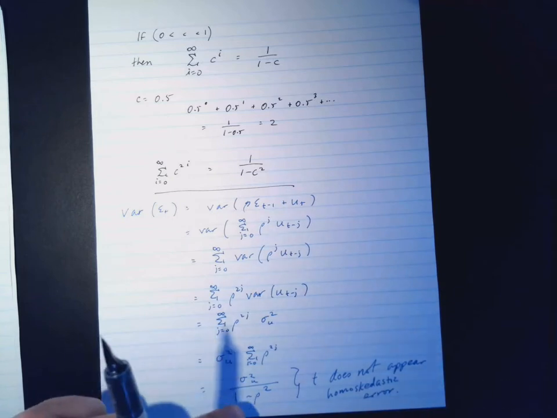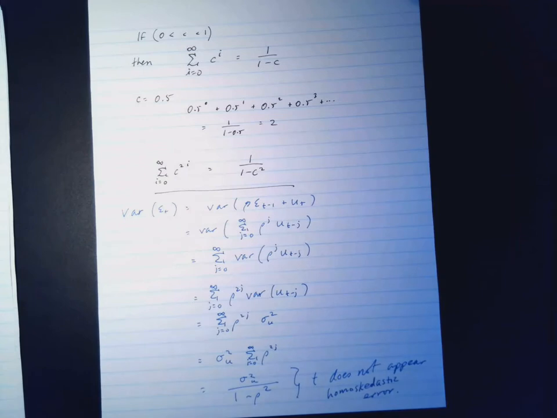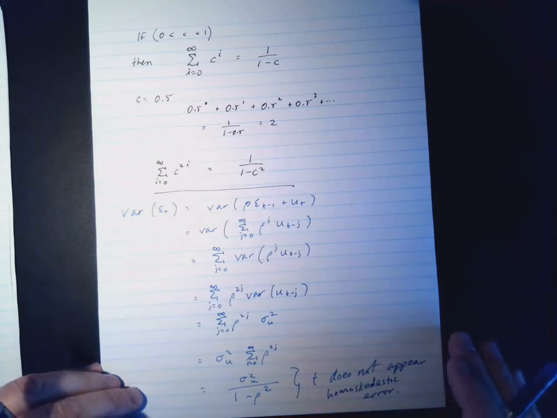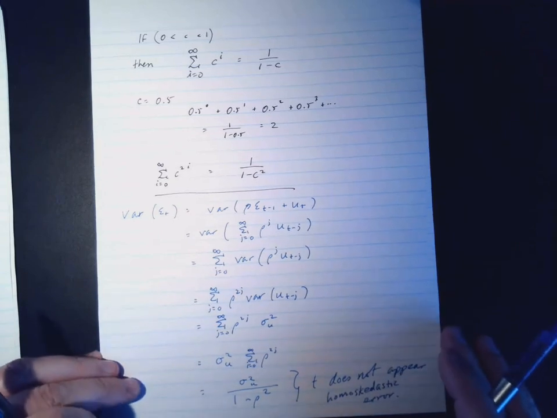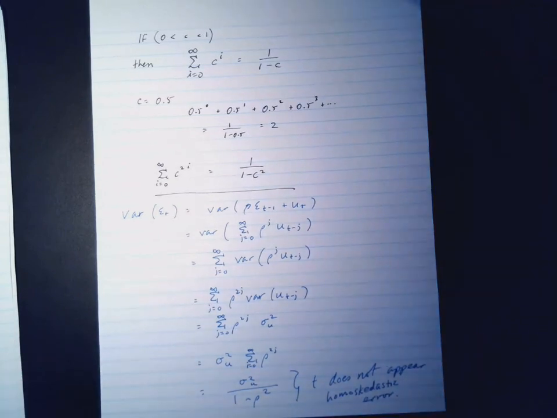If t appeared somewhere in here, that would mean the variance is changing over the sample. But t does not appear, so we have a homoscedastic error. So that's nice, then we only have to worry about one problem at a time. The autocorrelation of the error term doesn't induce heteroscedasticity.